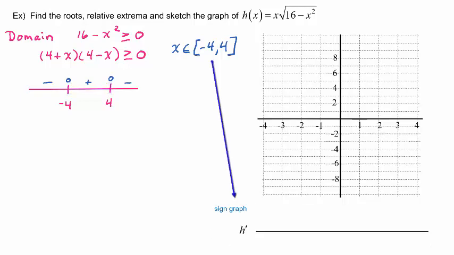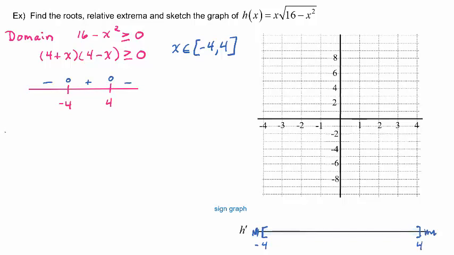So if we go to our sine graph, we go -4 and +4, and we will never graph anything on the outside of that interval because the function doesn't exist. So our entire graph will have to be between -4 all the way up to +4.